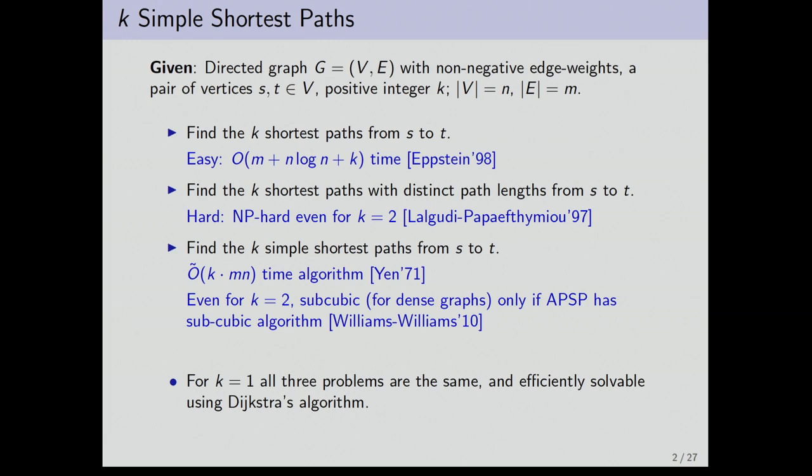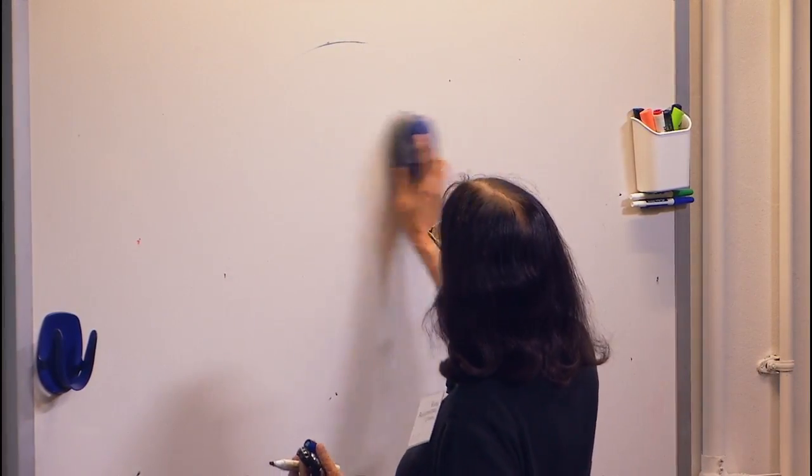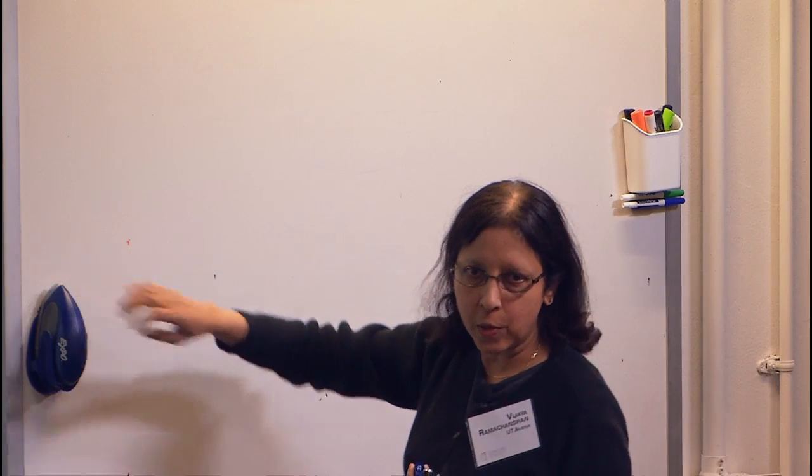Why would you even go out and go back? Why don't you just start and go directly to T? Well, it may turn out, depending on the edge weights, you know. So it may turn out that all paths. 0 weight. No, but you have no control over the weights.